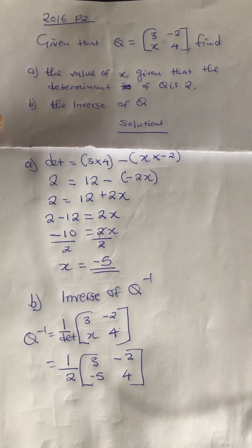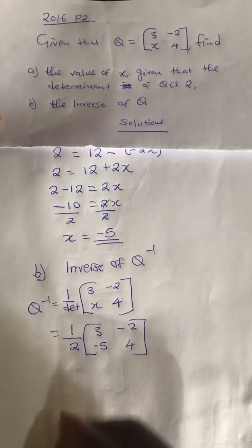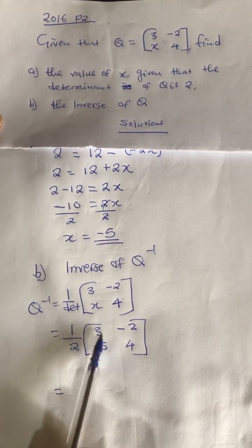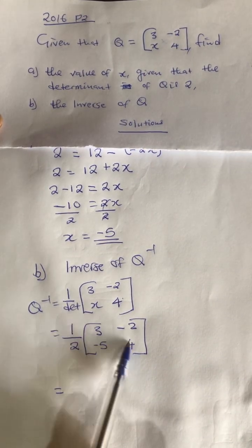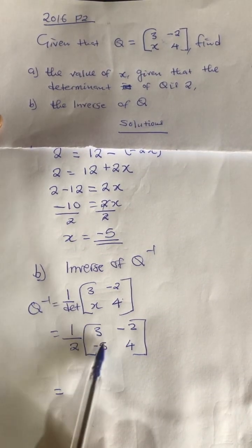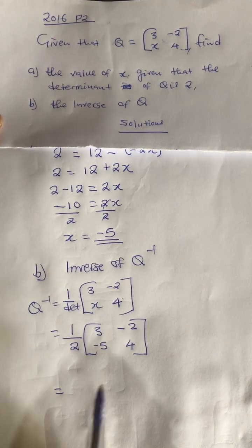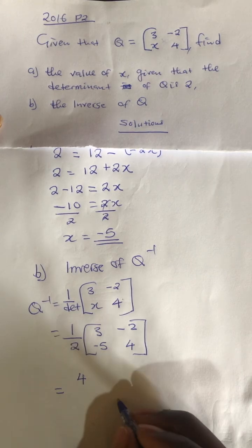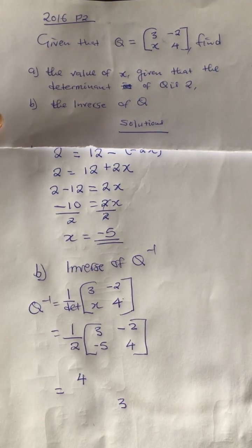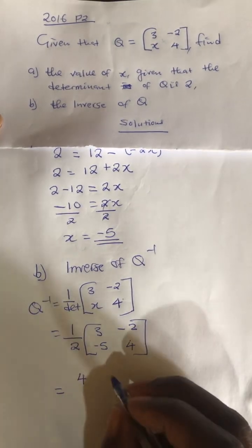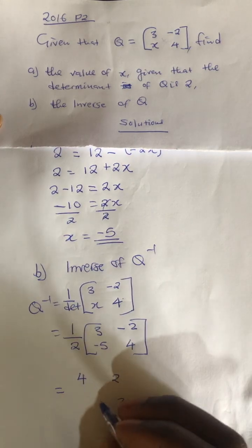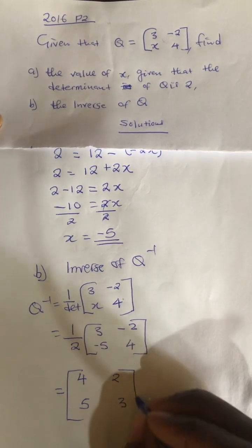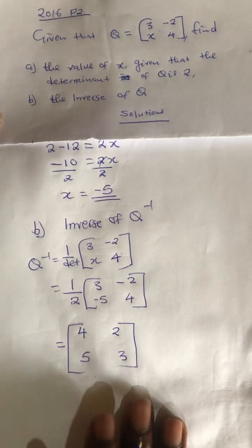Then what happens here is that we apply what we call the adjoint, whereby these two numbers will swap, and then these two will change their signs without swapping. So this 4 will come this side, then the 3 will go where the 4 is. Then the negative 2 will change to positive 2, the negative 5 will change to positive 5. Hope we are following.